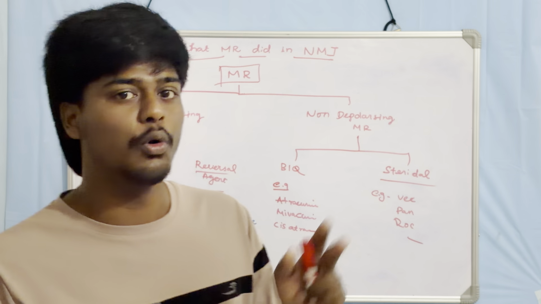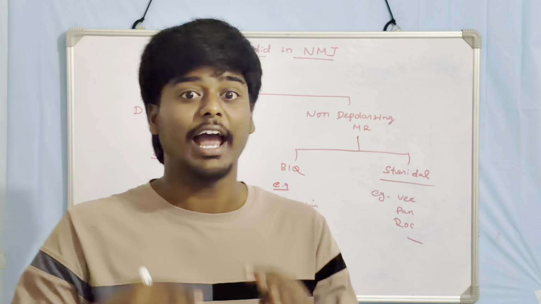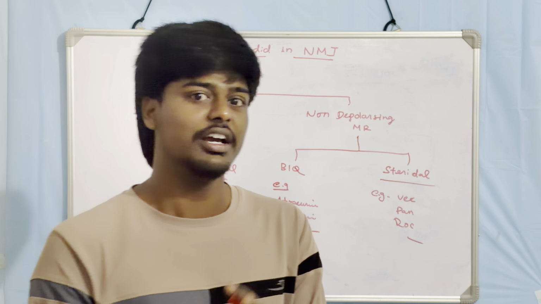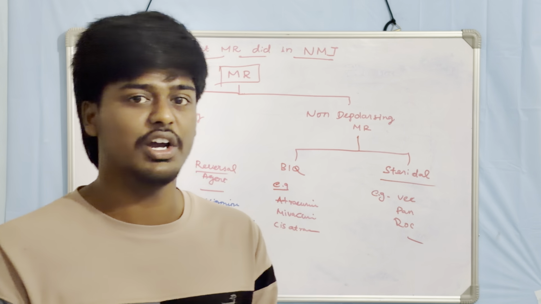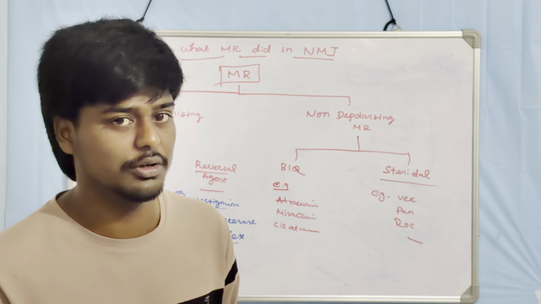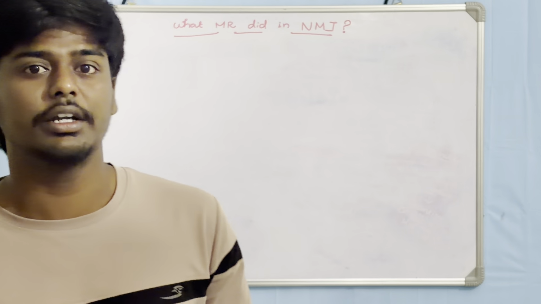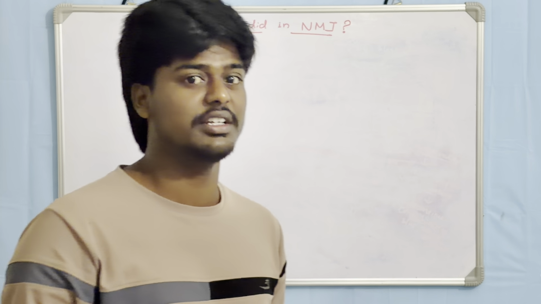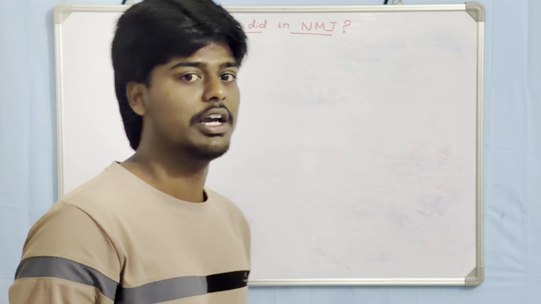Then we will go back to what happens in the neuromuscular junction during anesthesia when using muscle relaxants. First, we will discuss what depolarizing muscle relaxants do in the neuromuscular junction.